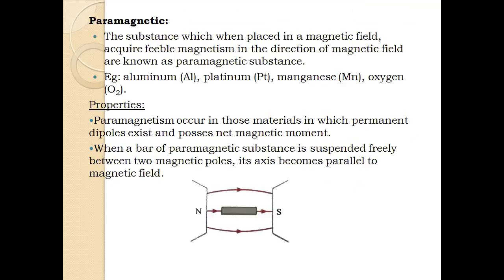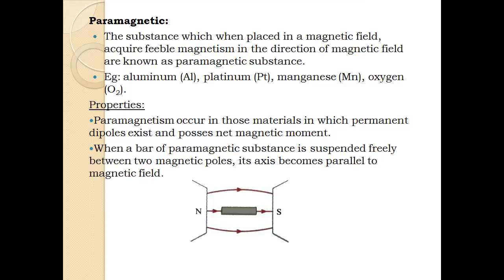Coming to the paramagnetic material, these are the substances which, when placed in a magnetic field, acquire feeble magnetism in the direction of the magnetic field, known as paramagnetic. Examples: aluminum, platinum, manganese, oxygen, and so on. Paramagnetism occurs in those materials in which permanent dipoles exist and possess net magnetic moment.